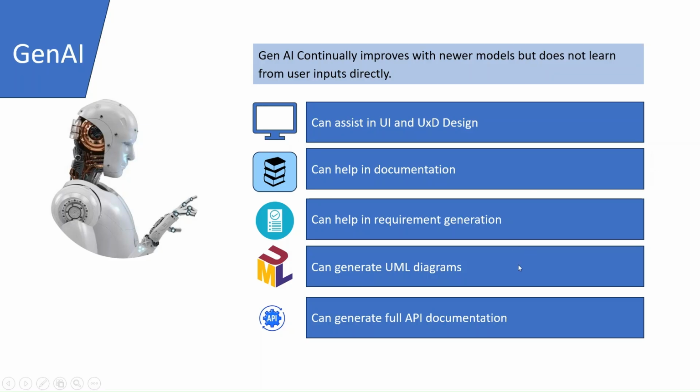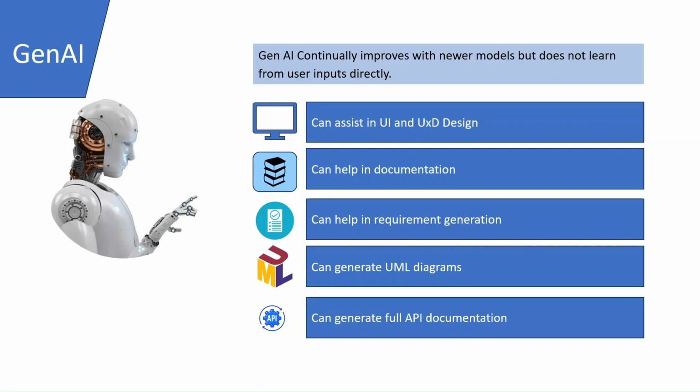So this will ease the process of the architects or designers to generate system architecture diagrams for any programming need. Finally, you can use GenAI to create full-fledged API documentation that can be consumed for reference purposes by developers and designers. So these are some of the use cases related to GenAI.